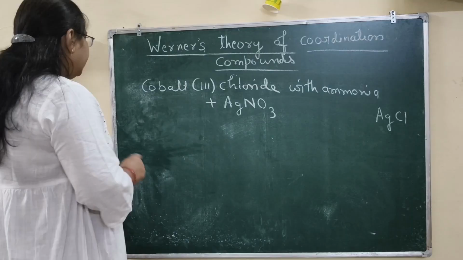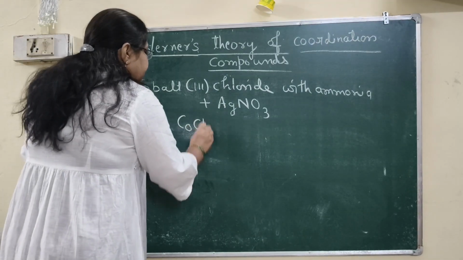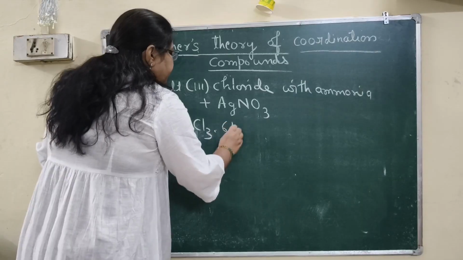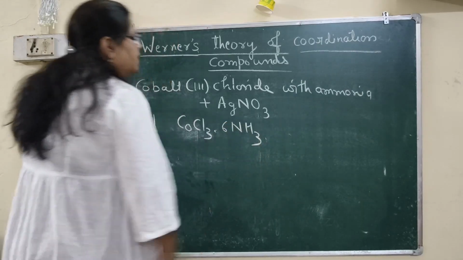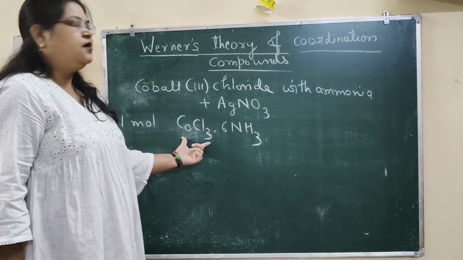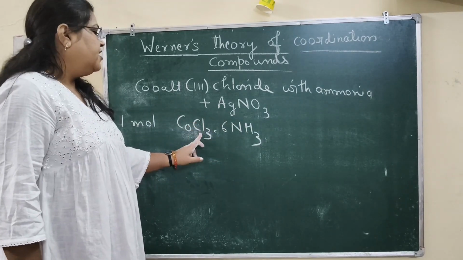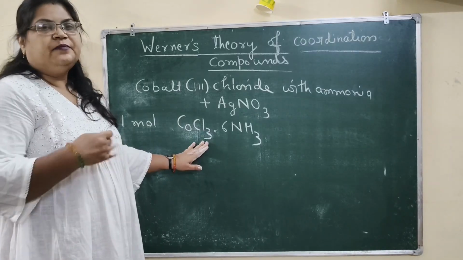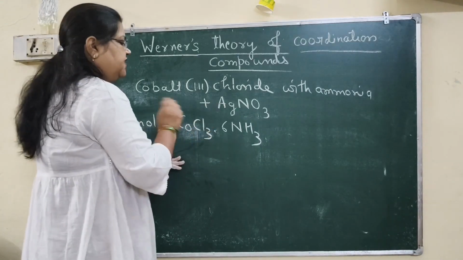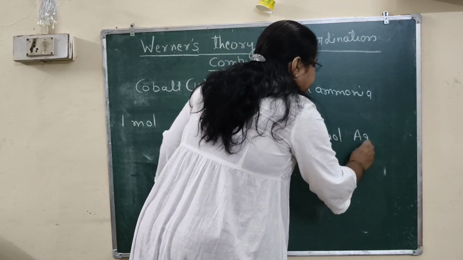Let us see. Suppose 1 mole of CoCl3.6NH3. On adding excess of AgNO3 solution, it will give 3 moles of AgCl. Means all 3 chloride ions are precipitated as AgCl.